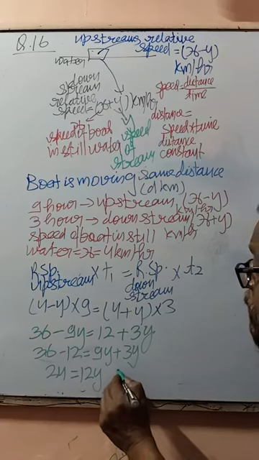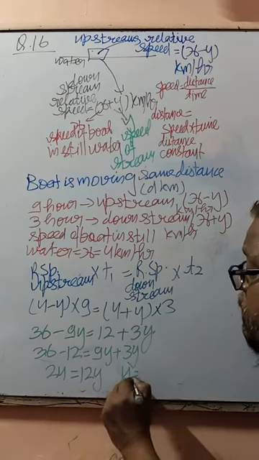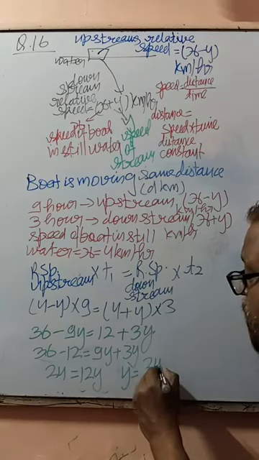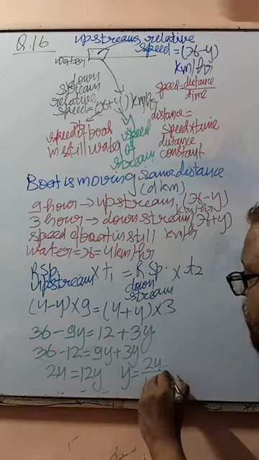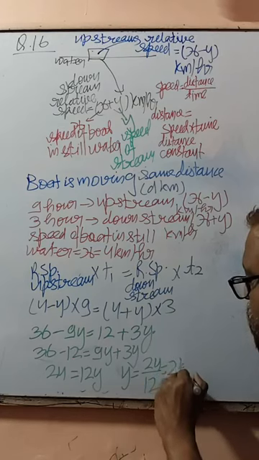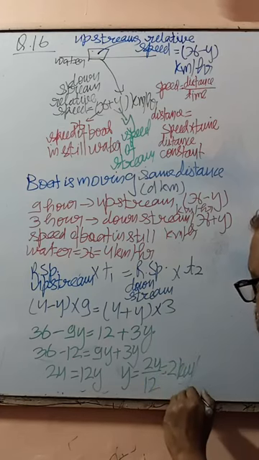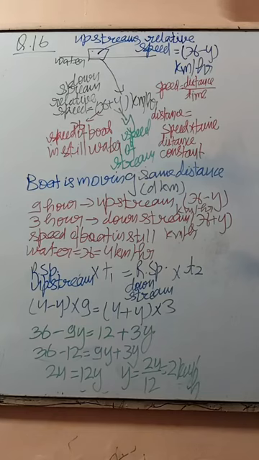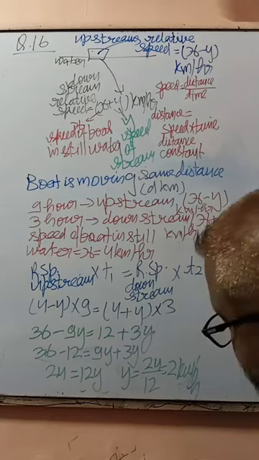So y is equal to 24 upon 12, which is 2 kilometers per hour.